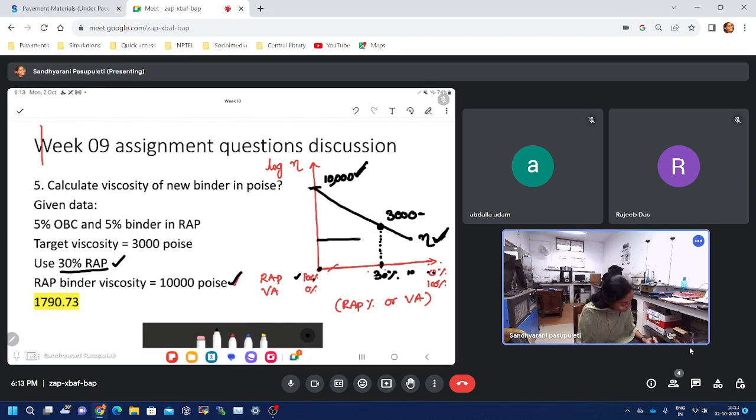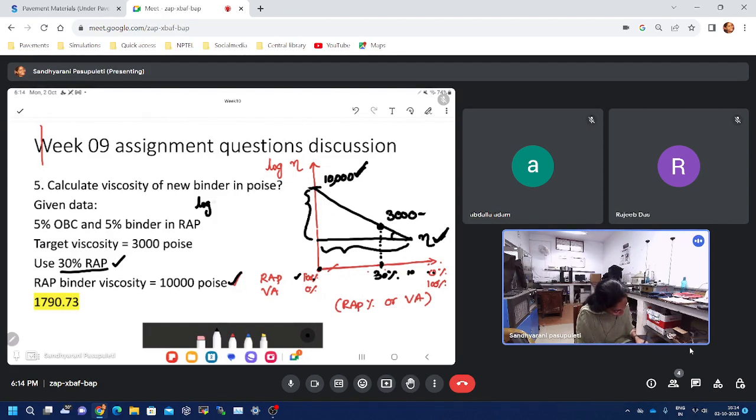So let us use similar triangles. So we know this angle. Let us say this angle. So how do I do this? What I am going to do is, this is y, this is x.